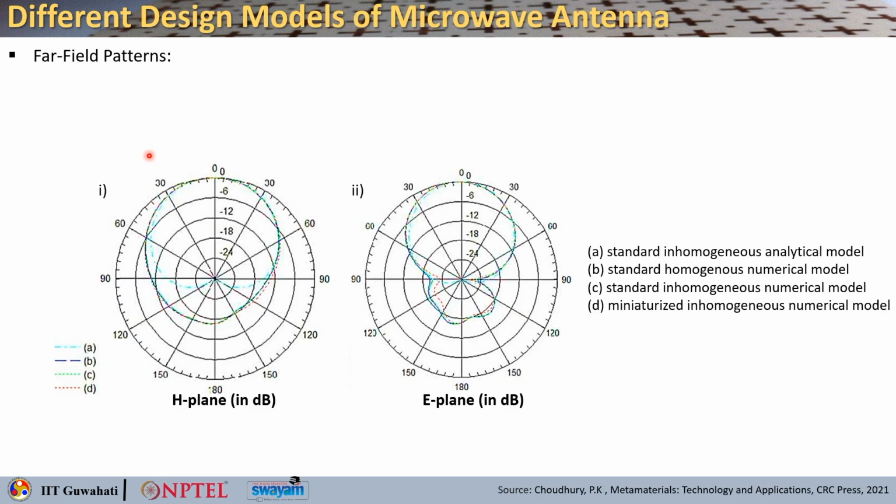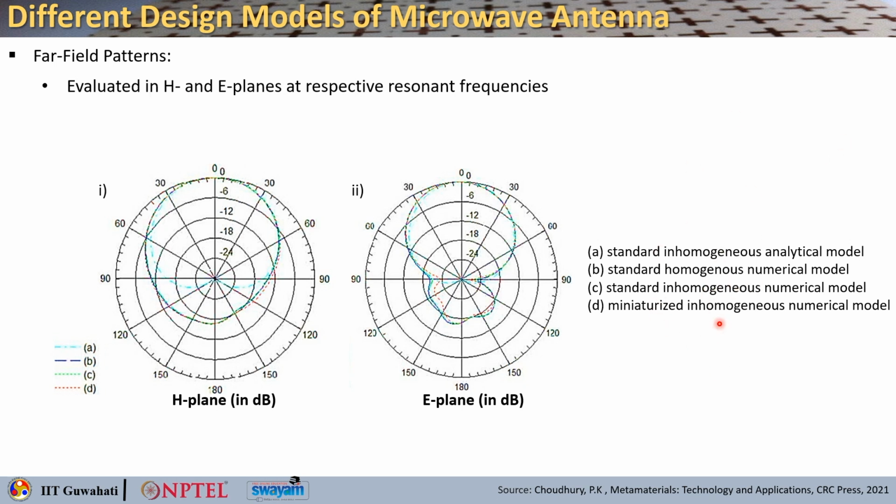antennas. So, in the earlier lecture, we saw the results of FDTD simulations of the S11 spectrum, that is the reflection spectrum. Okay. So, today we will start with the far field patterns. So, the far field patterns evaluated in H and E planes for all the antenna models that we discussed earlier.